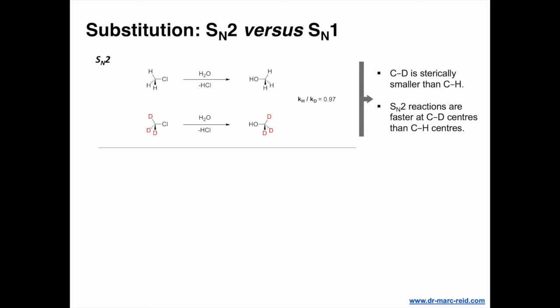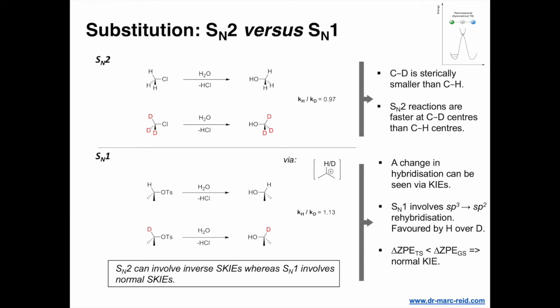The interpretation of this effect is due to the sterically smaller nature of CD versus CH. For a nucleophile, the electrophilic carbon is less encumbered when the carbon is decorated with CD rather than CH. For SN1 reactions, a normal secondary deuterium kinetic isotope effect is observed.